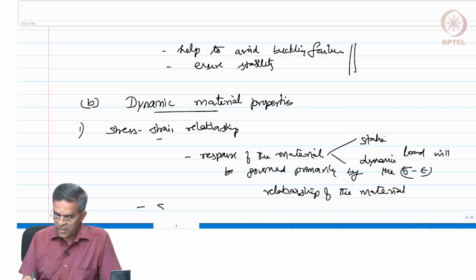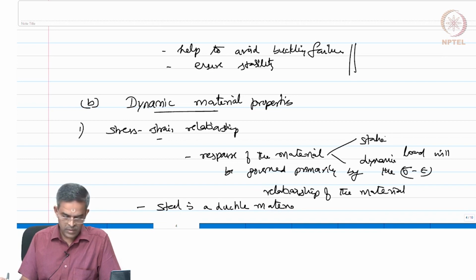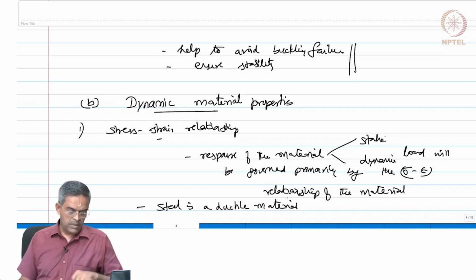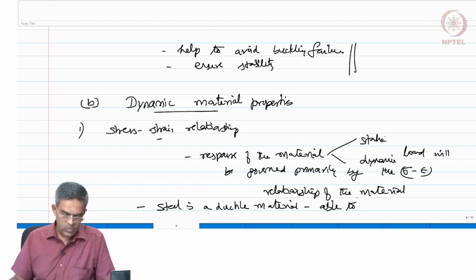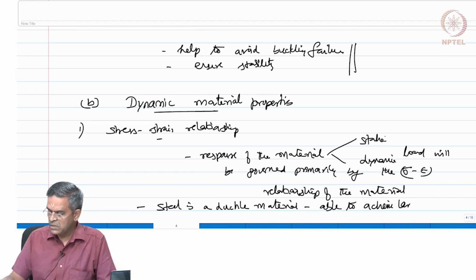We all know that steel is a ductile material, and therefore will be able to achieve large strain before rupture. Okay.